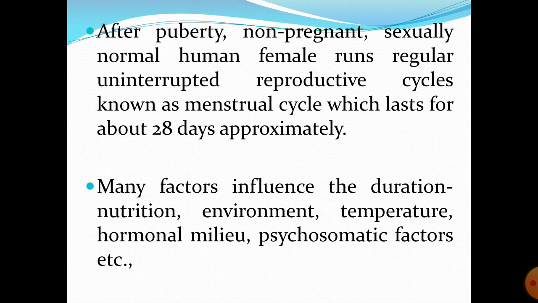After puberty, a non-pregnant, sexually normal human female runs uninterrupted reproductive cycles known as the menstrual cycle, which lasts for about 28 days approximately.